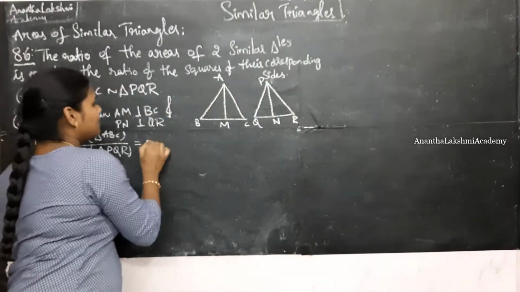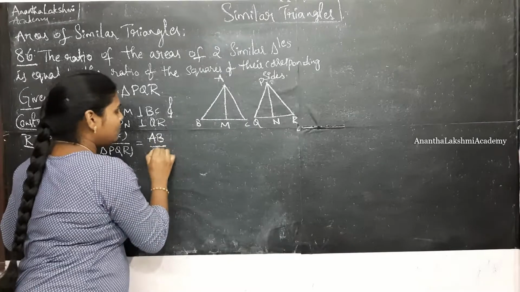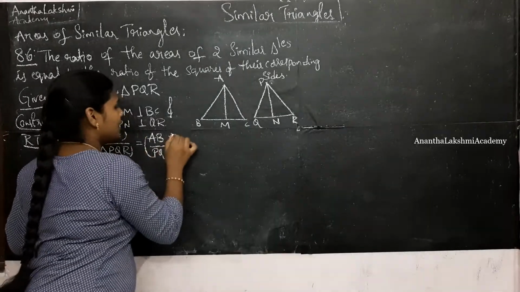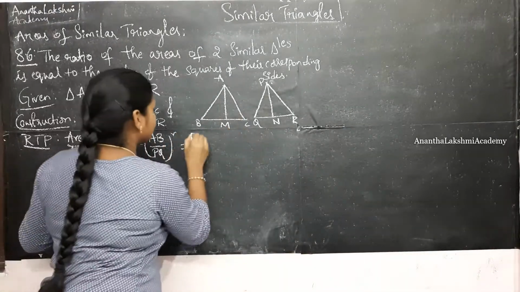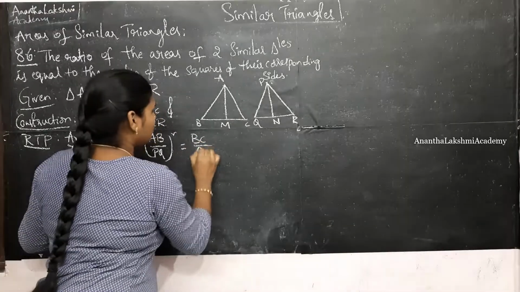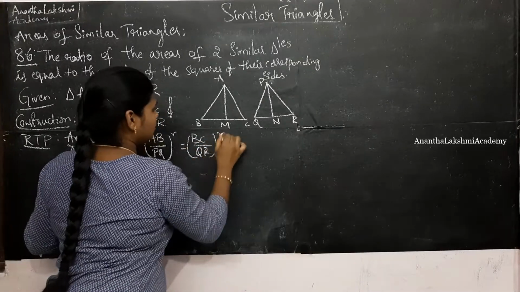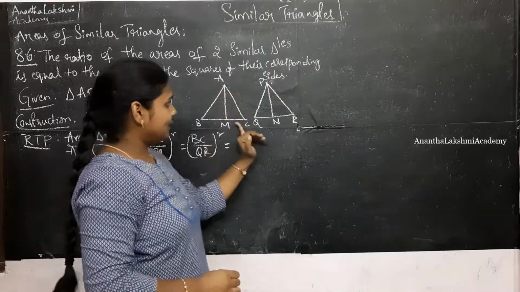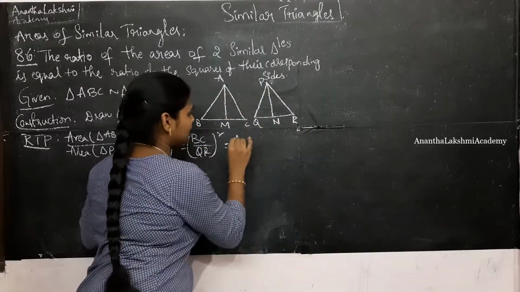That is, AB by PQ whole square is equal to BC by QR whole square, where I am considering the base BC, is equal to AC by PR whole square, the corresponding sides.